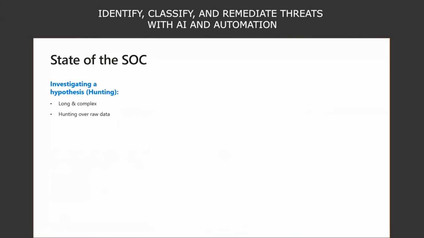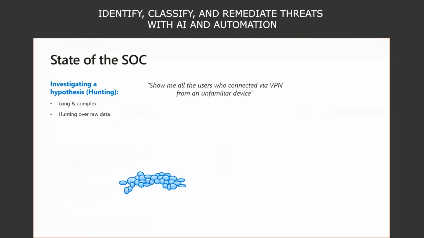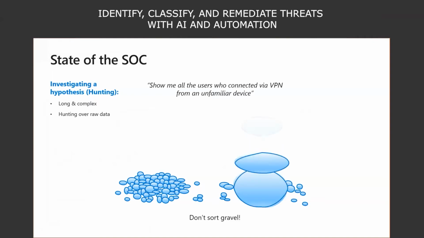This endless barrage of disparate security data makes it difficult for defenders to effectively correlate events at the speed needed to contain a threat. In the end, many SecOps teams get stuck in an endless loop of chasing things that don't exist, and more importantly, things that do not matter. Do not spend your time sorting gravel.